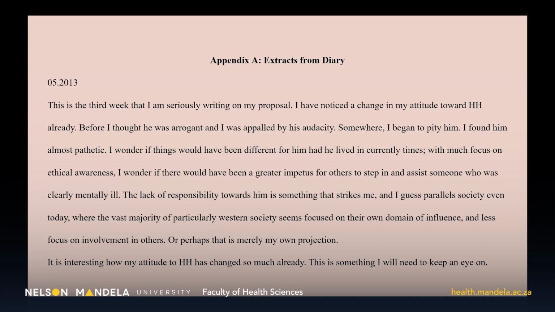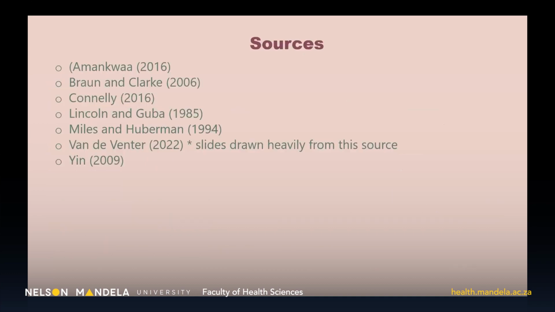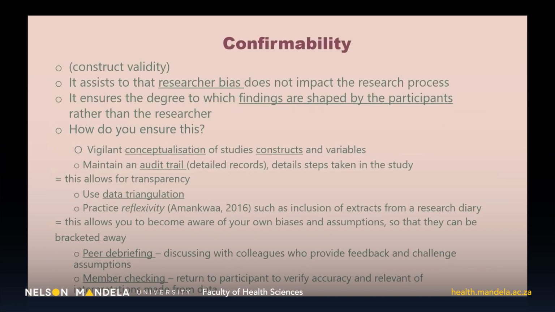Okay, so if we're going to summarize, I'm going to go back to that list over here. The four principles that we work on with data trustworthiness, they share methods. All right. Triangulation comes up a lot. Reflexivity comes up a lot. Thick descriptions, creating an audit trail, that comes up a lot.